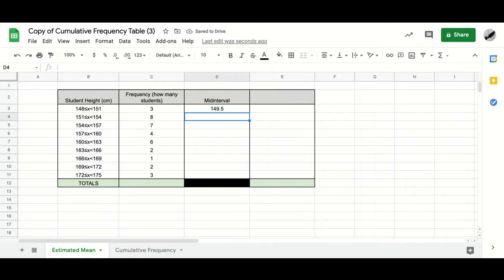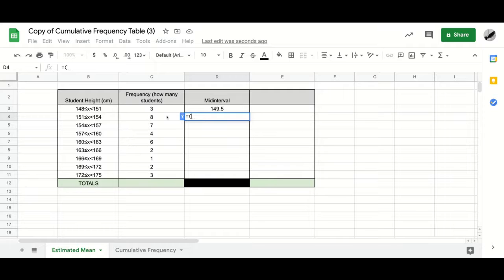Ooh, 149.5. So on average, these 3 students have an average height of 149.5 centimeters.